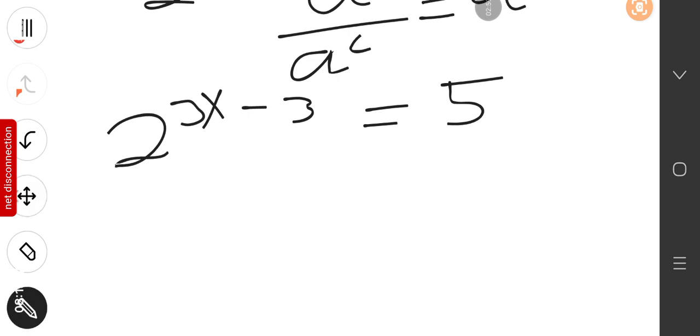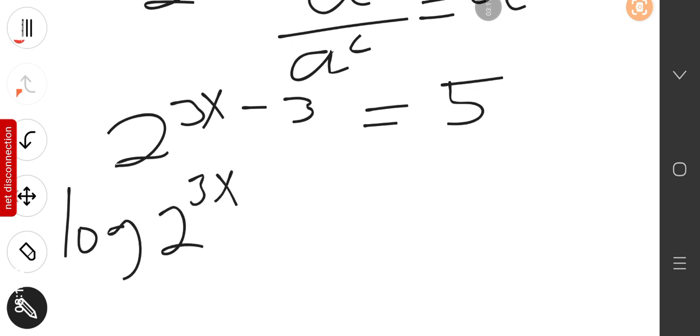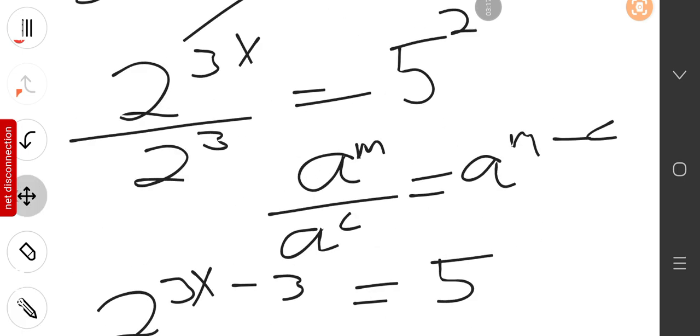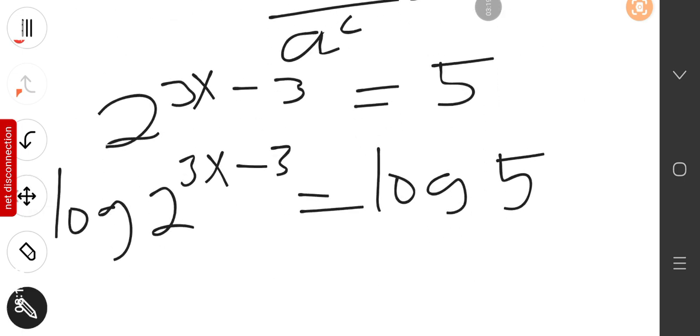Now at this point, the base here and the base here are not equal. Because of that, we are going to apply logarithms. So we say log 2^(3x minus 3) equals log 5 squared.